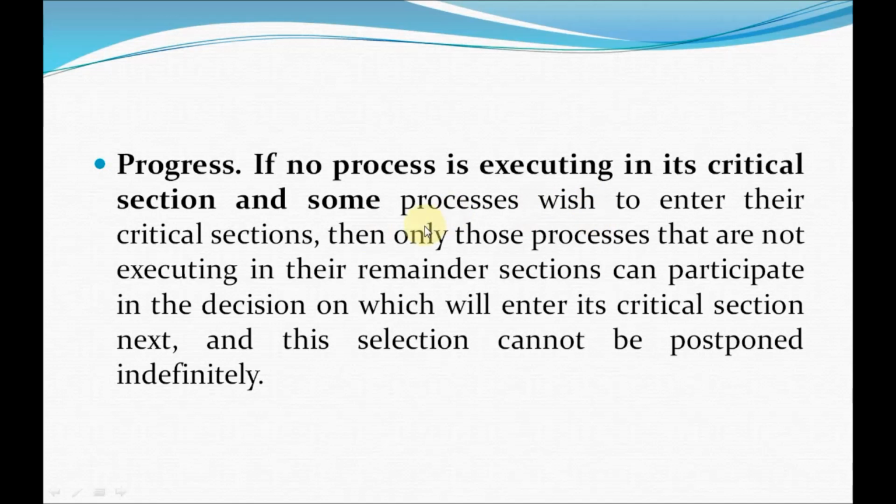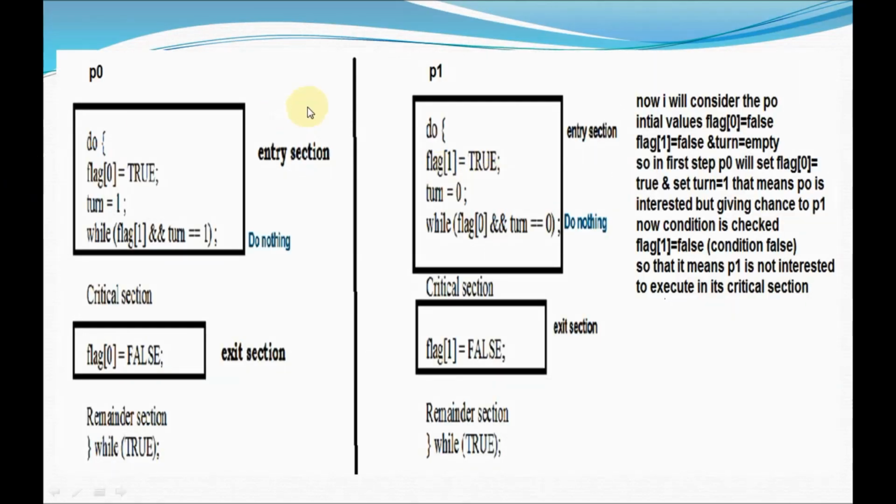Along with that, you have to decide which process enters the critical section in a finite amount of time. You can't take the decision indefinitely, and only an interested process has to enter its critical section. Don't worry, we will see this now.